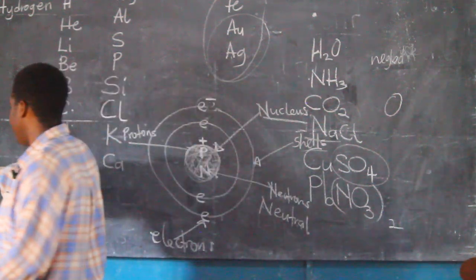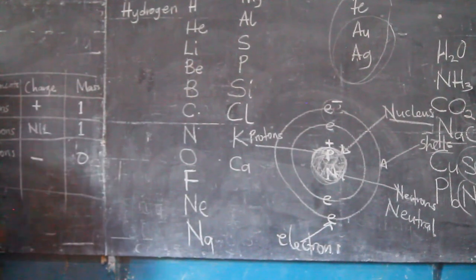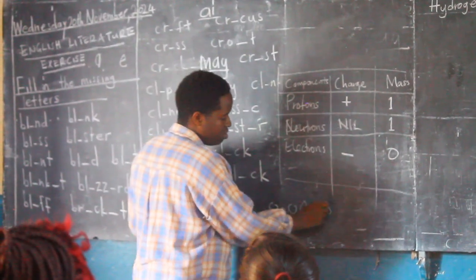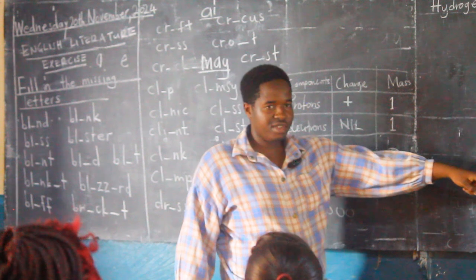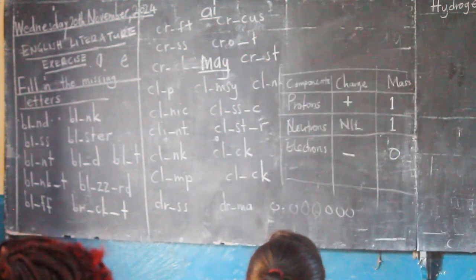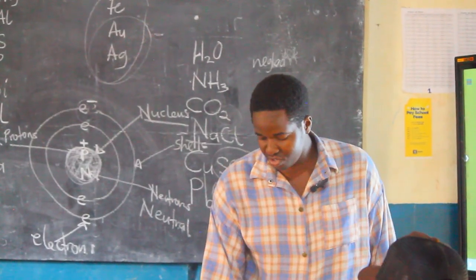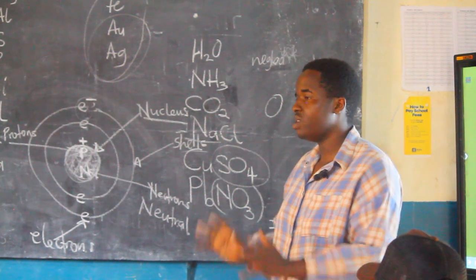Instead of putting 0, we just put 0.0000000. It's so small.